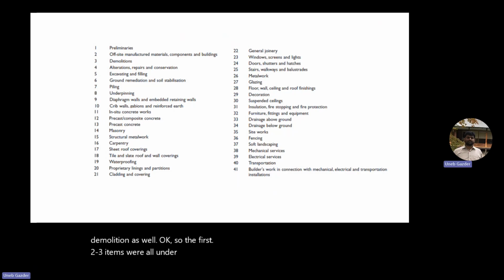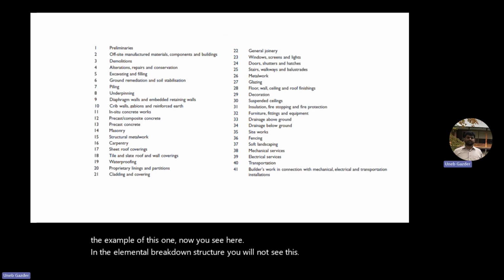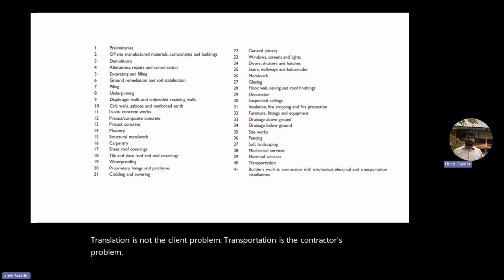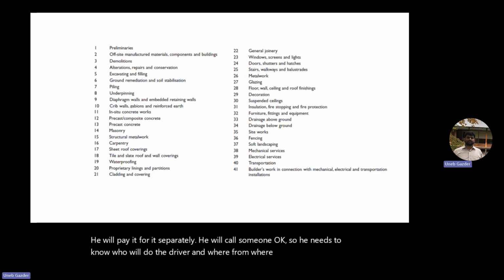Now you see, in the elemental breakdown structure, you will not see transportation, because transportation is not the client's problem. Transportation is the contractor's problem. He will pay for it separately. He will call someone, so he needs to know who will be the driver and from where he will get the truck and so on.